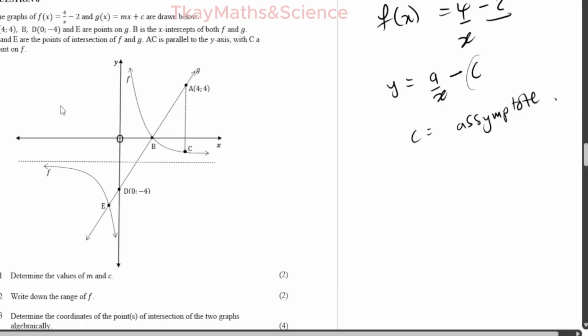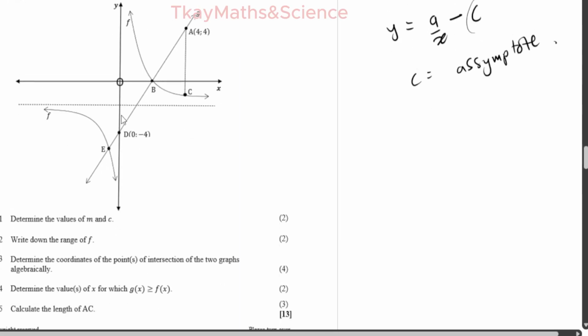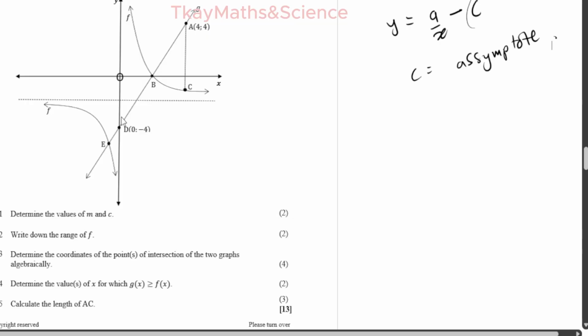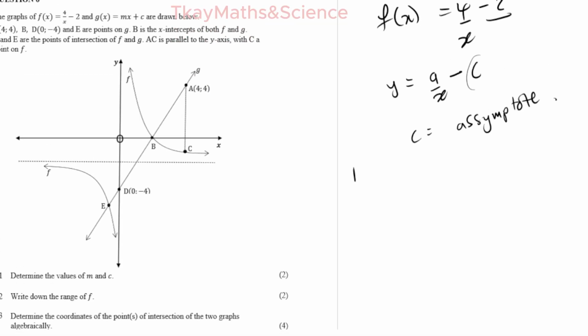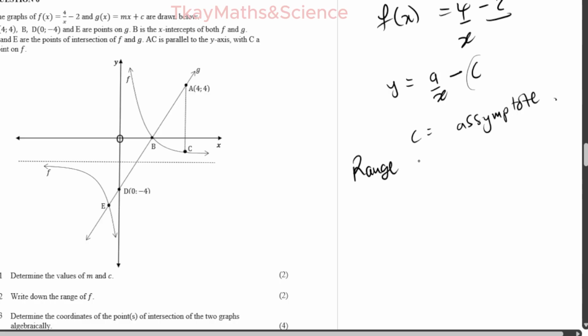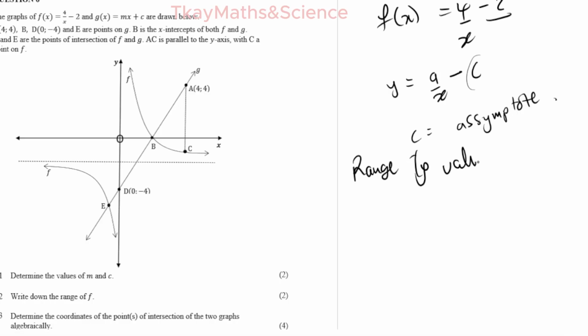So we're going to come here. They're asking what is the range? Remember, the range is the y values, the domain is the x values. So as we can see from here, what are the y values?